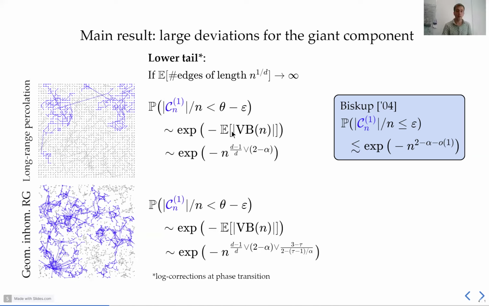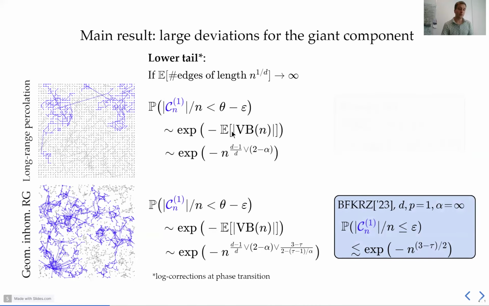Also on the bottom. So when we were actually writing down this paper, there was another paper that appeared on the arXiv, which is covering a special case, namely the one-dimensional case where there is no percolation parameter, so p is equal to 1. There are also no really long-range edges, and they prove a very similar result to Biskup's one.